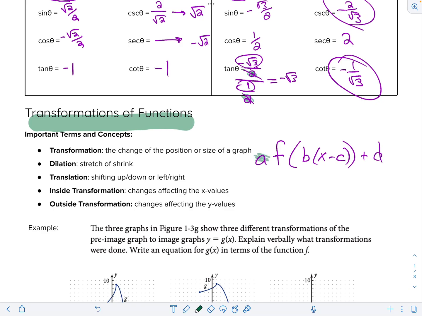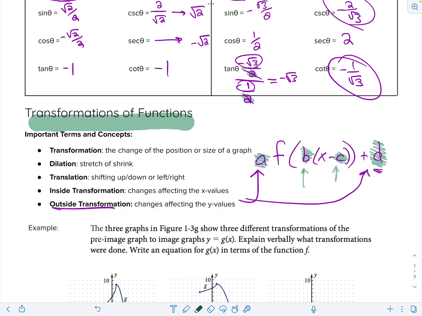These numbers here represent different transformations that can happen. The outside transformations are vertical, either a vertical stretch or dilation or compression, or shifting up or down. On the inside, that B and that C represent a horizontal move.